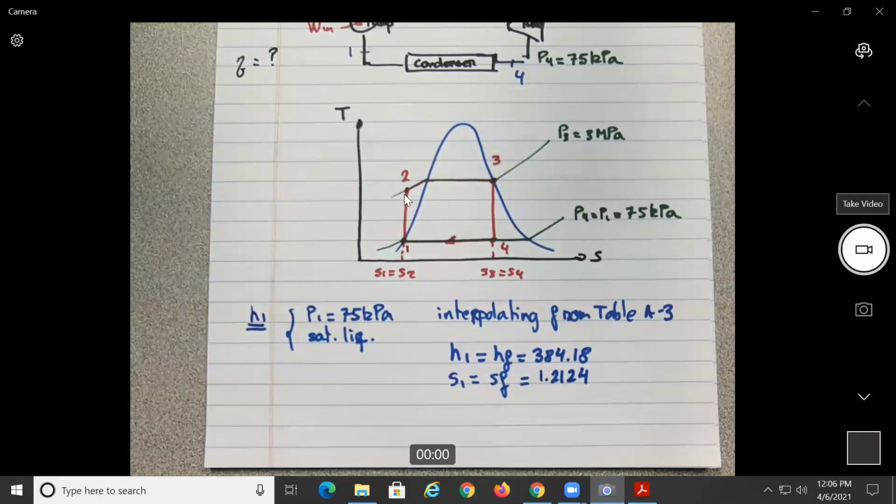Okay, so now at state 2, let's see if we can do it this way, because we know the pressures, but we don't know the temperatures. Okay, so let's see if we can do it not that way or not. We'll find out.